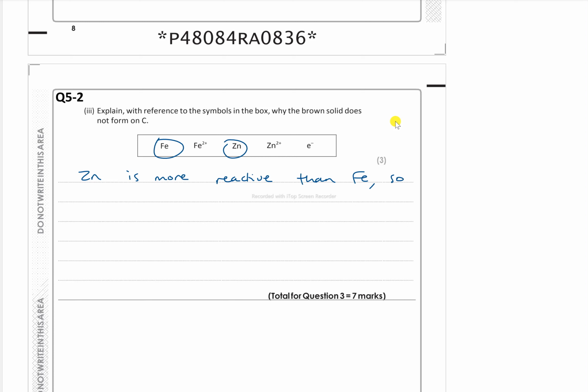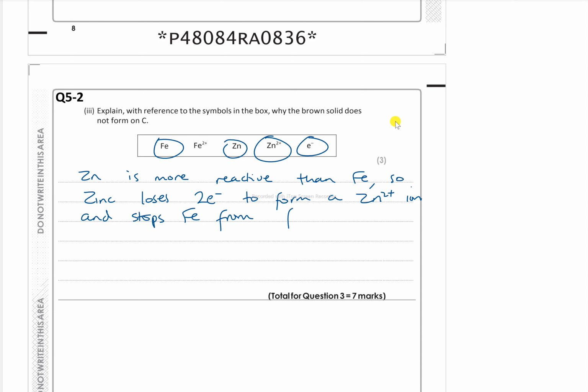So zinc loses 2 electrons to form a zinc 2+ ion and stops iron from forming a Fe2+ ion.